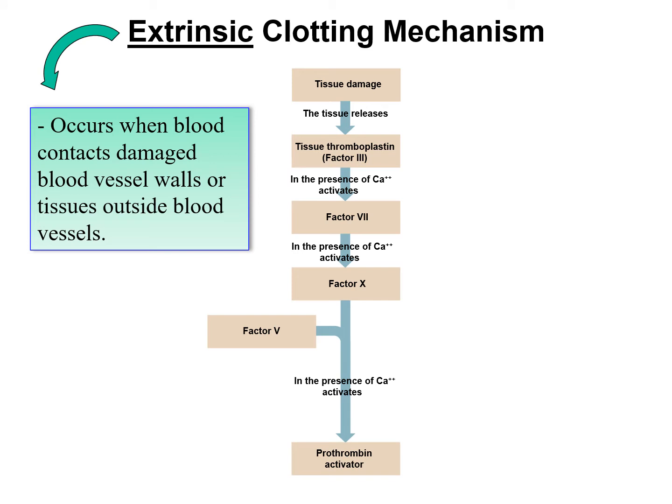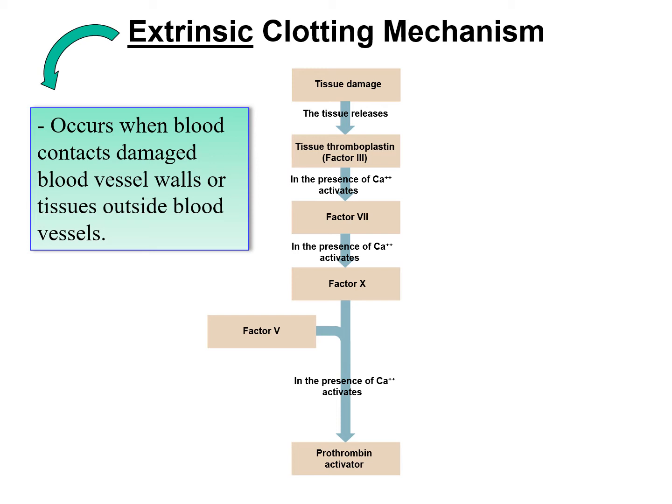So let's take a look at the first few reactions taking place here in extrinsic clotting, which again, as the box indicates, occurs if there's damage to a blood vessel. We start off with the tissue damage, the tissue releasing a chemical called tissue thromboplastin.